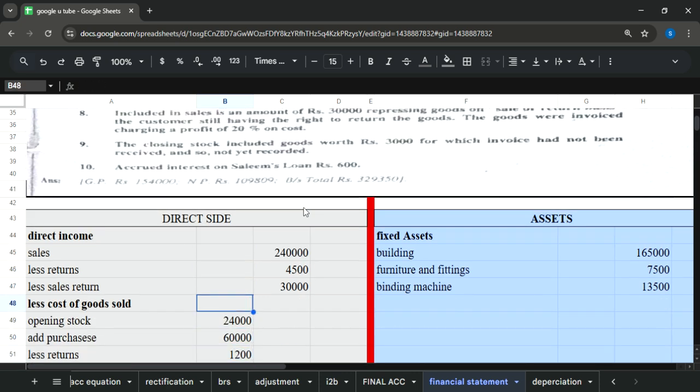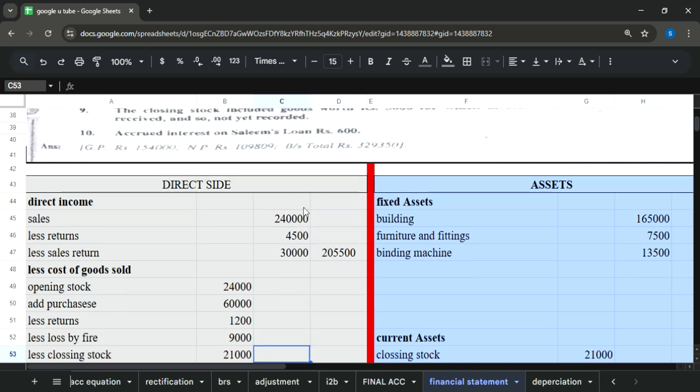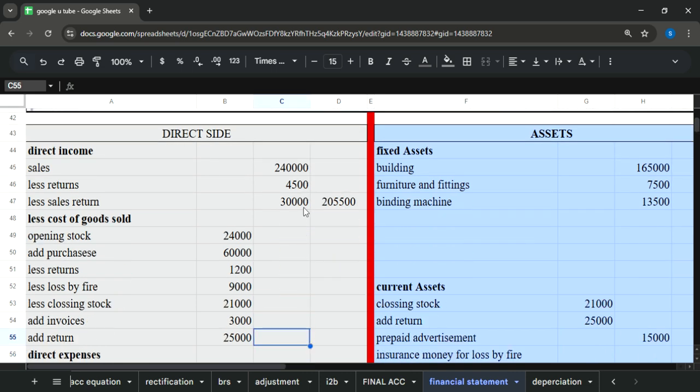So first we will get our net sales. How? The amount of sales, then you will subtract first returns and subtract second returns. So we have got the amount of net sales. Next step is to calculate the cost of goods sold statement. This is the longest cost of goods sold statement, but let's start.